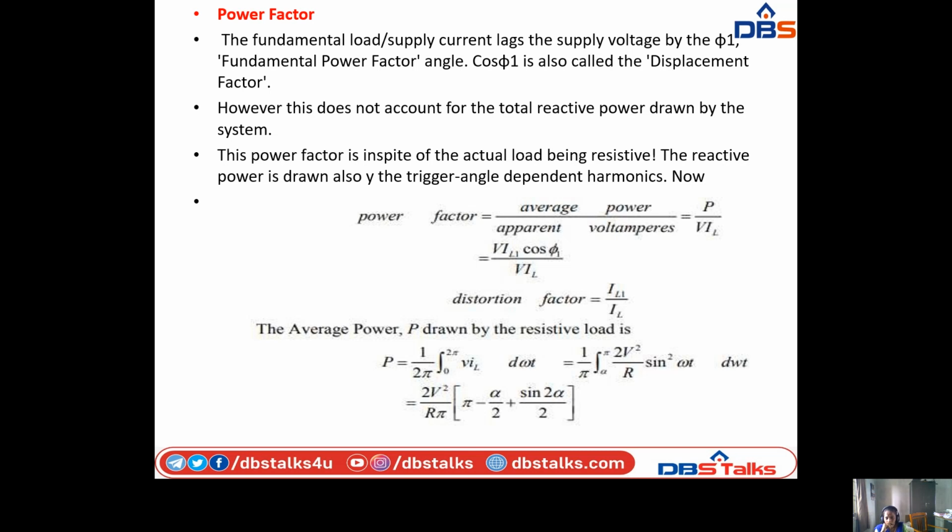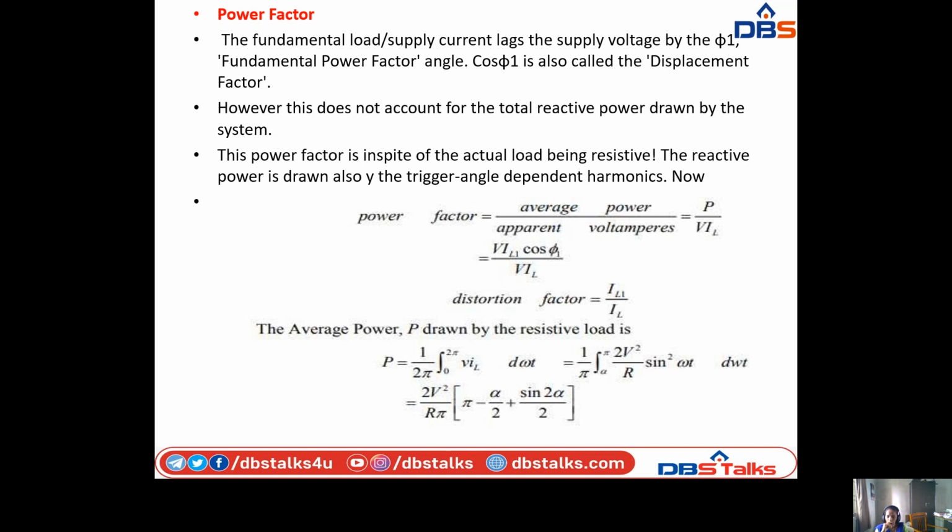The average power P is drawn from the resistive load. We calculate average power P equal to 1 by 2 pi integral of 0 to 2 pi V into IL d omega t. Here V equals Vm sin omega t, and I equals V by R into sin omega t.